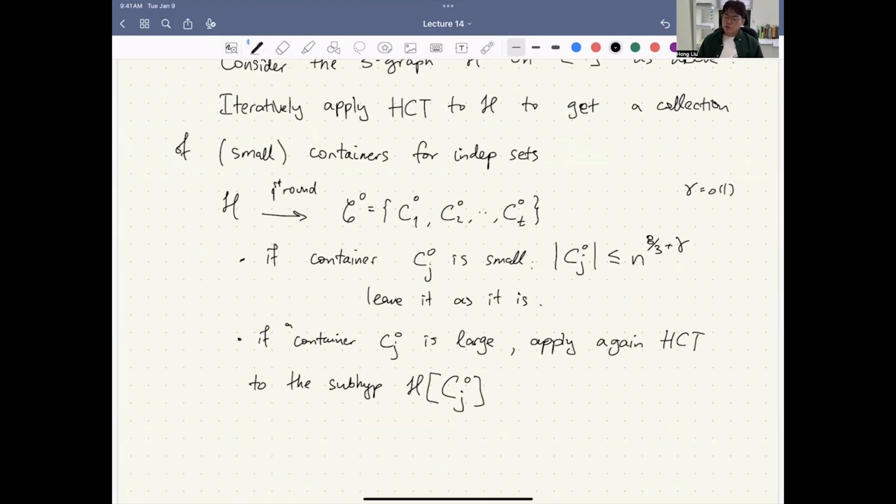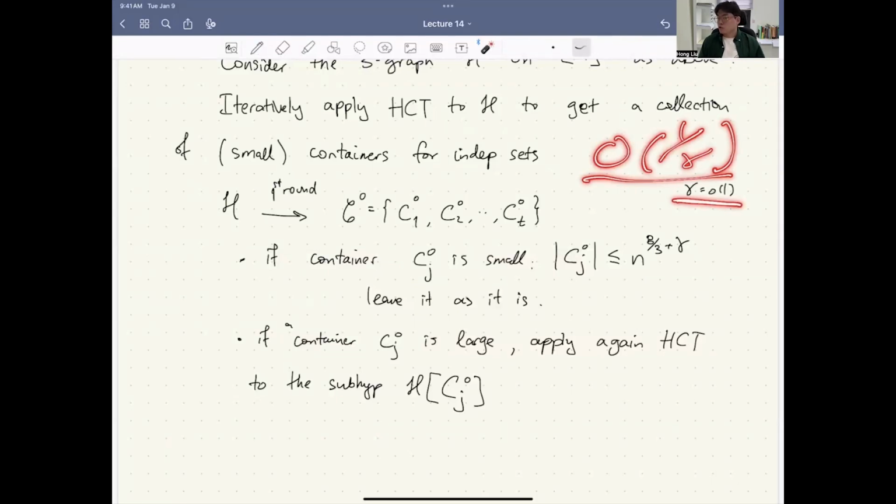So what we need to show is that this process must stop. You cannot go forever. This is what we mean by rounds. In each round, you apply hypergraph containers for every one of these. We will show that the number of rounds is at most some constant times 1/gamma, where gamma is an absolute constant which is sufficiently small.